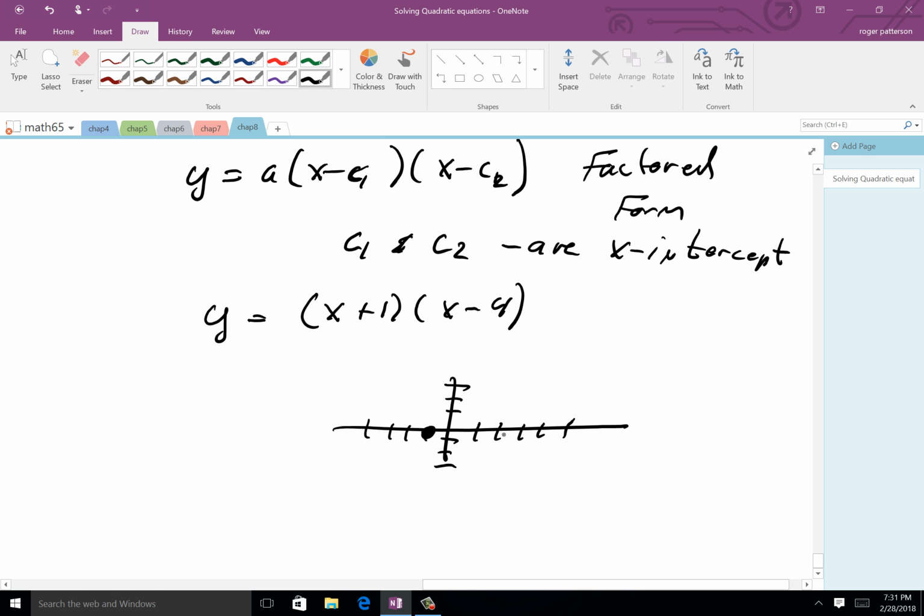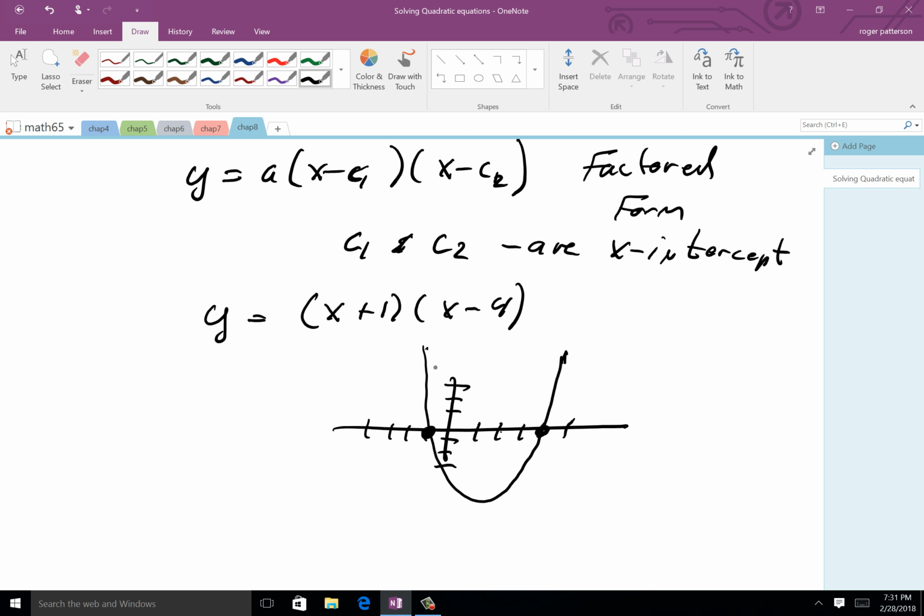And then I'm going to graph this. So that would be an acceptable answer? Yeah, for a sketch. Can you get the vertex out of that?